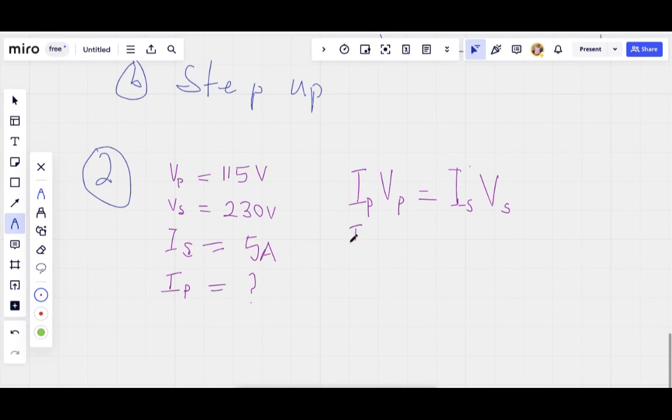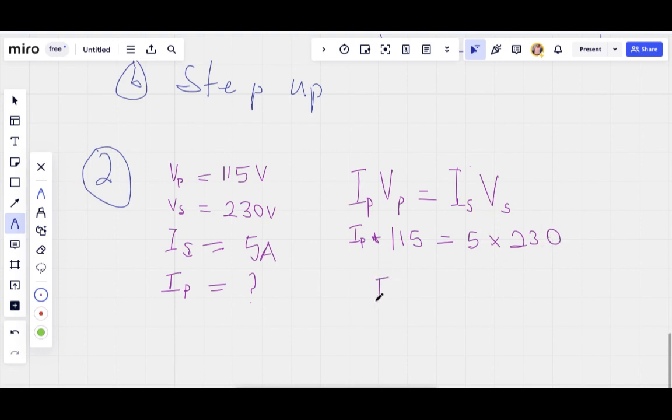We don't know IP. So IP multiplied by VP, what's our VP? 115. This equals, what's our IS? IS is 5 ampere, so 5 multiplied by, what's our VS? Our VS is 230, so multiplied by 230. Then we make IP the subject straight away.